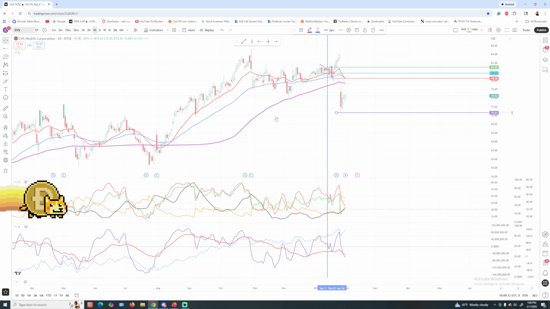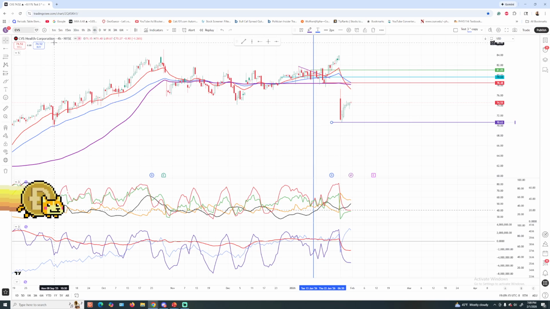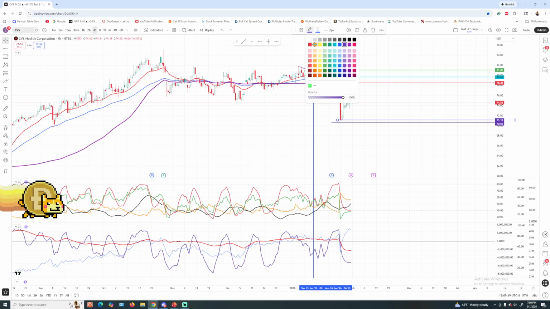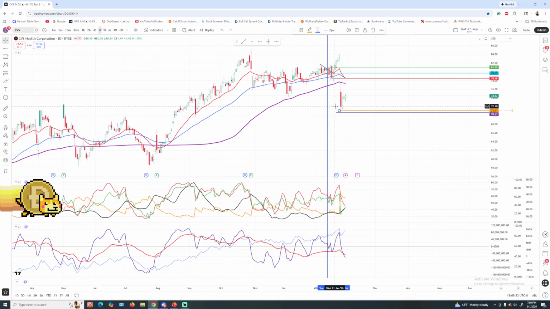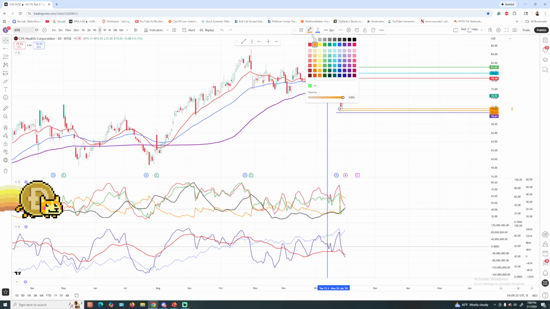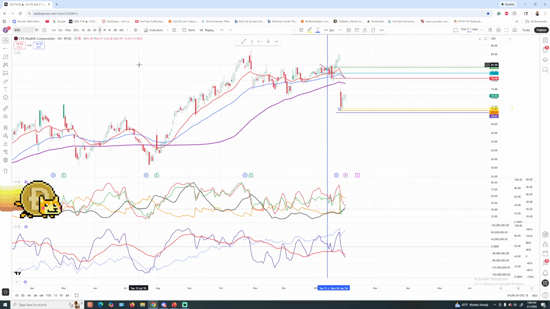I would expect people to do calls on it, based on the support. It just created a whole bunch of support right away. Did it create a yellow also? Yeah, it did. A lot of supports.